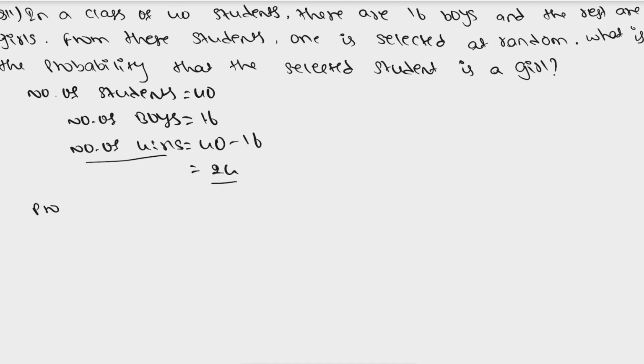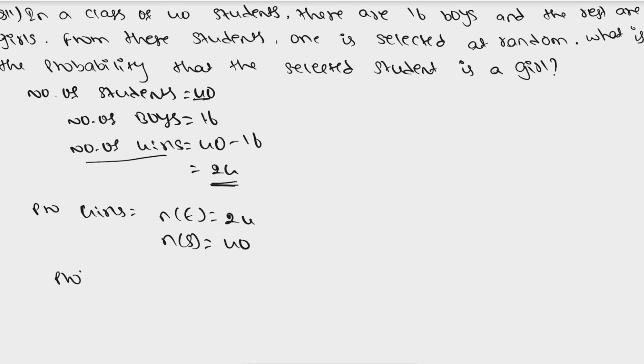And the probability of getting a girl is, what are the favorable outcomes here? Favorable outcomes, n of E, is equal to 24, because we have 24 girls out of 40. Total outcomes, that is total students, is equal to 40.